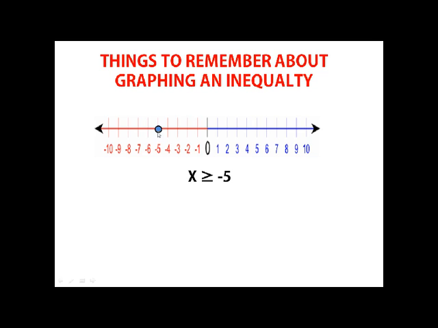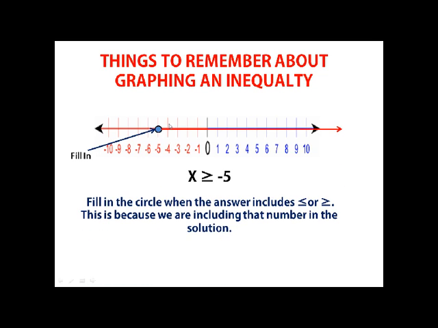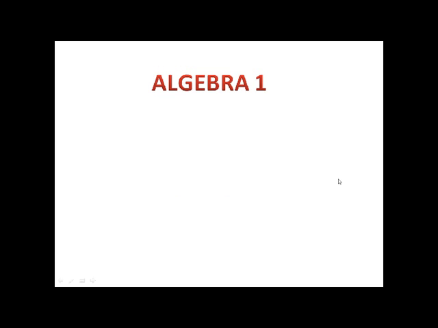So now we're going to take a circle where negative 5 is, and since we're including negative 5 because it's greater than or equal to, we would fill in that circle, and then we would draw an arrow for all those numbers that are greater than negative 5. So you remember to fill in the circle when the answer includes a less than or equal to, or greater than or equal to sign in the solution.